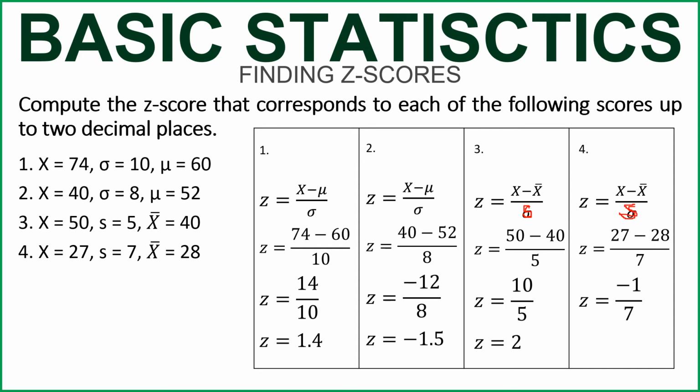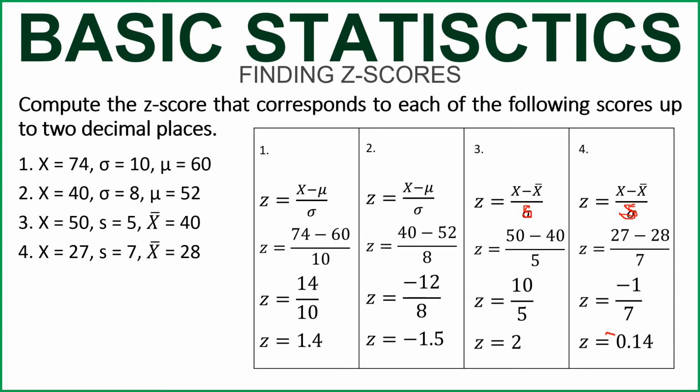And when you divide negative 1 by 7, that is negative 0.14. So, nakalimutan din yung negative. Let's just put negative here. Because negative divided by positive is negative. That is the law of integers, or dividing integers, negative divided by positive is negative.